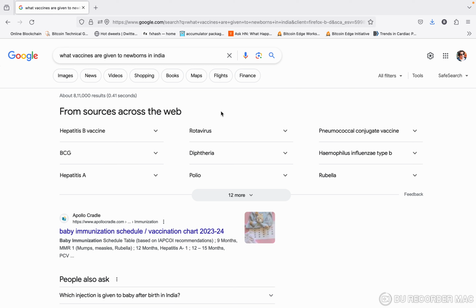Polio is the most famous one. Hepatitis A is also vaccinated. Okay. Rubella. And rotavirus. I'll also check about rotavirus later. The name is not familiar, so I'll have to learn about that.